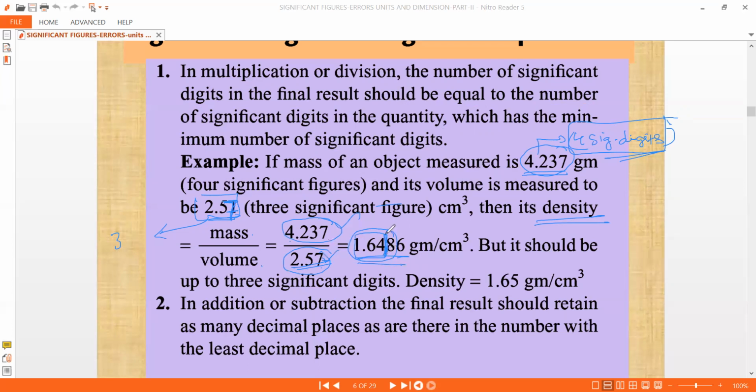Why? Here my confidence is only up to 3, here my confidence is up to 4. But ultimately my confidence drops down to 3, because if suppose this is having 4 and this is having 4, then my confidence level is up to 4, no problem. But here my confidence is up to 4 numbers, here my confidence is up to 3 numbers.